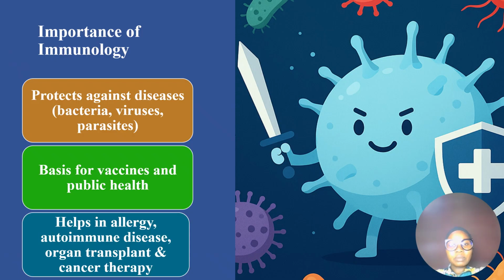Immunology is important because it protects us against diseases caused by microorganisms. Without the immune system, even a small infection could become deadly. It is also the basis for vaccines and public health programs, which have saved millions of lives by preventing outbreaks of diseases such as measles, polio, and smallpox. Beyond infections, immunology plays a role in many areas of medicine.